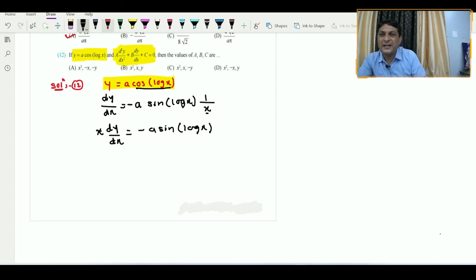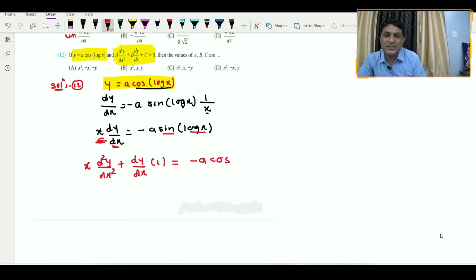Now on this side we have to find the derivative, so we have to apply the product rule. According to the product rule, first term as it is, then derivative of the second term, means derivative of dy by dx is d2y upon dx square, plus second term as it is, means dy by dx as it is, into derivative of the first term, means 1, and on the right hand side minus a, keep it as it is. What is the derivative of sin log x?